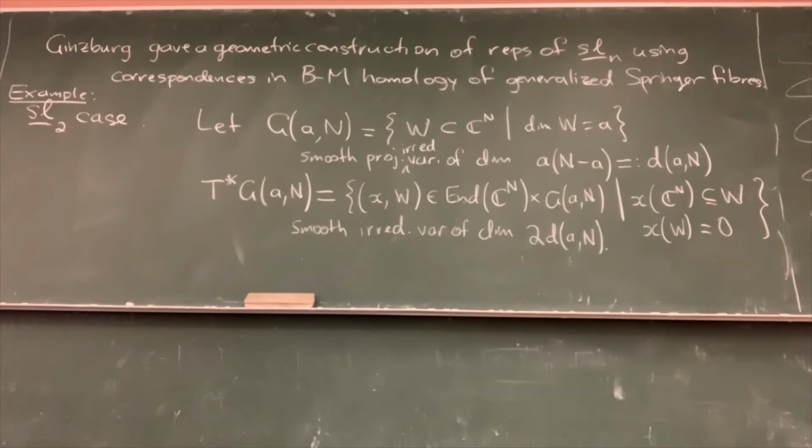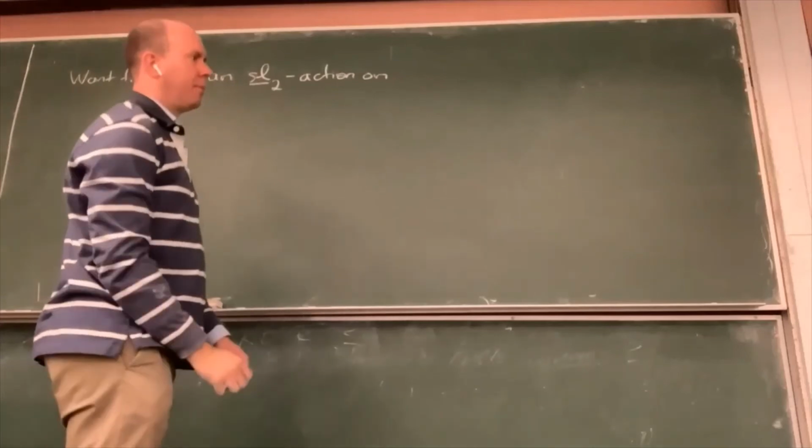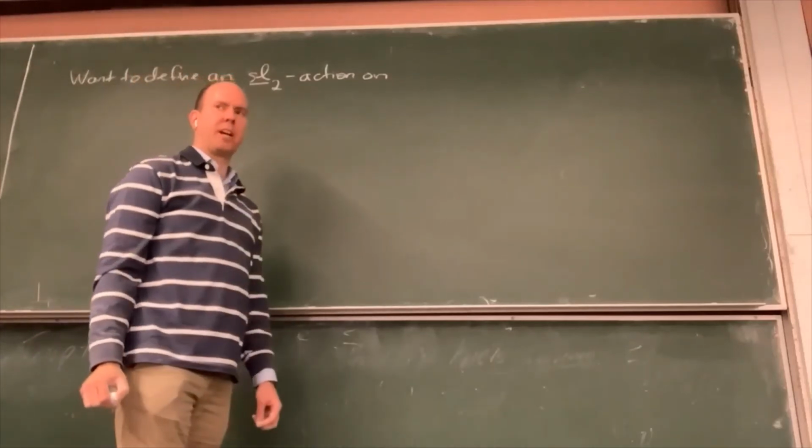So now what I want to define is an action of the Lie algebra SL2 on the direct sum of the homologies of all of these Grassmannians for a fixed n.